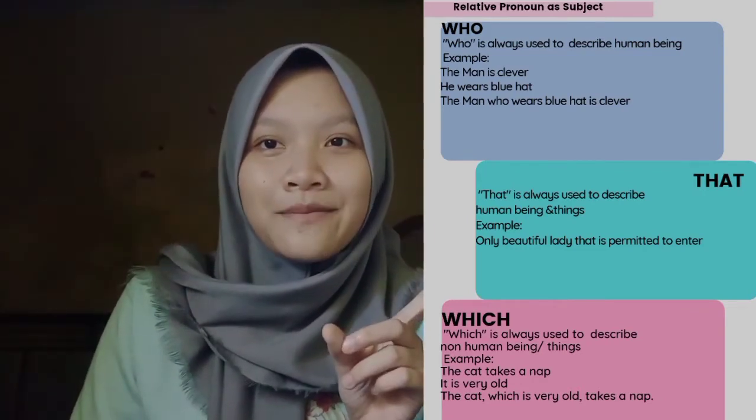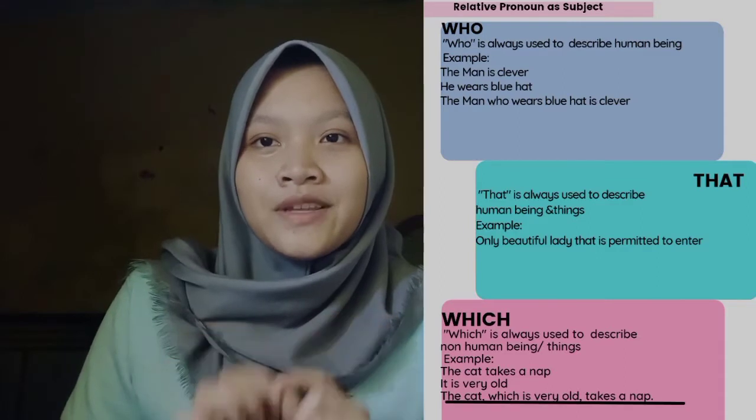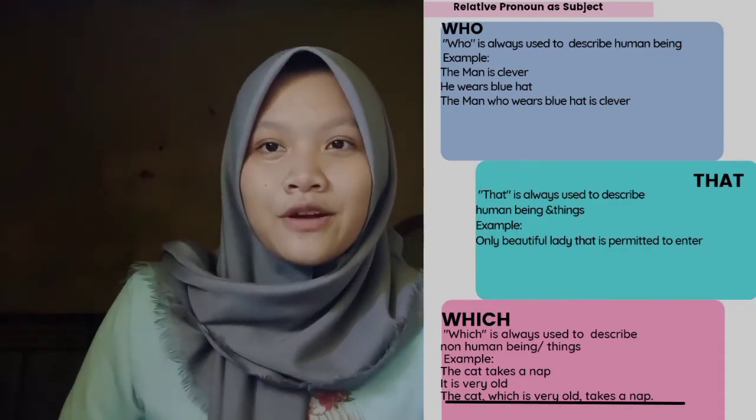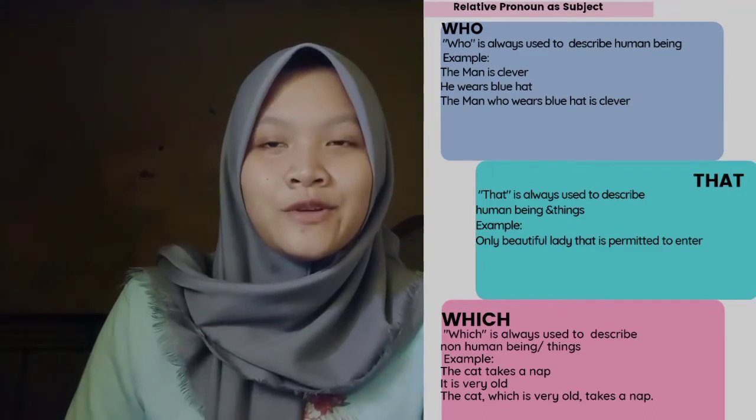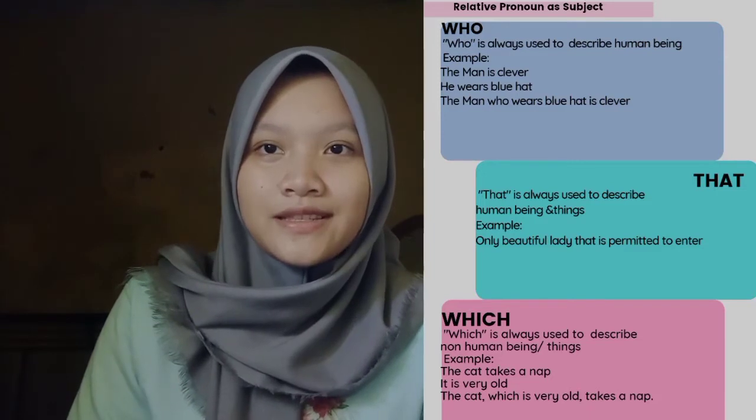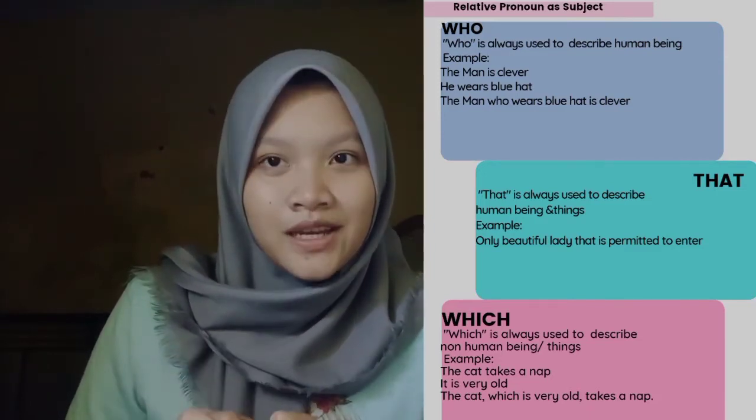I have one example: The cat, which is very old, takes a nap. The cat is the noun phrase, which is very old is the adjective clause of the noun phrase, takes is the verb, and a nap is the object.